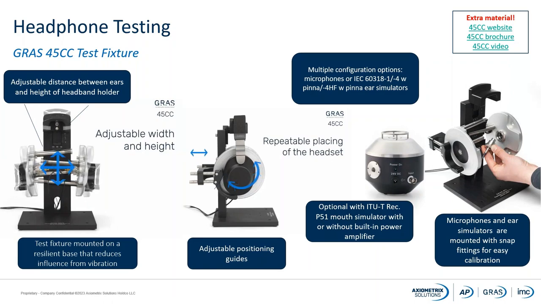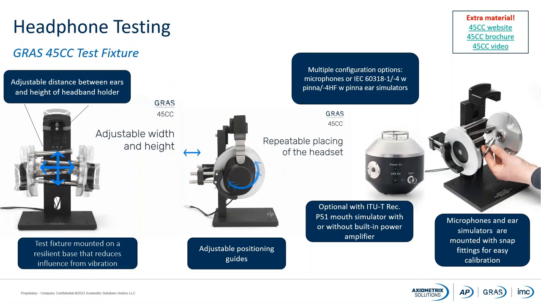With the 45cc, it's easy to adjust. First of all, adjust the distance between the ears. It's just loosening some screws and then moving the plates and finding the right position.